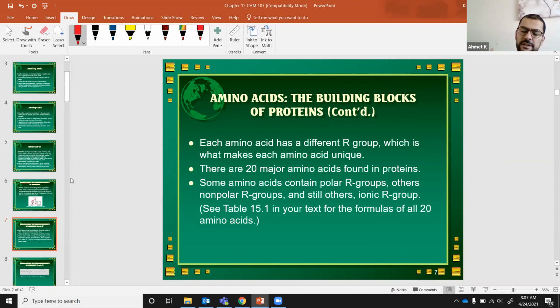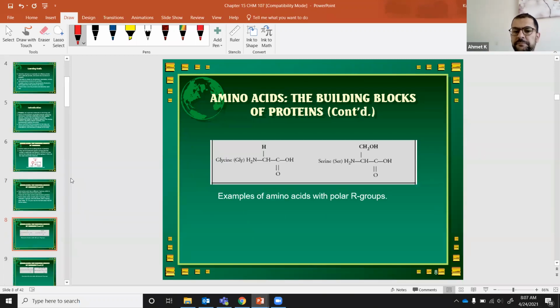You have just 20, but by combining them, as you can imagine, you can have an unlimited number of proteins. And that's exactly what's happening here. Depending on the R groups, some of them are nonpolar, some of them are ionic, and some of them are polar. So that's why you categorize them.